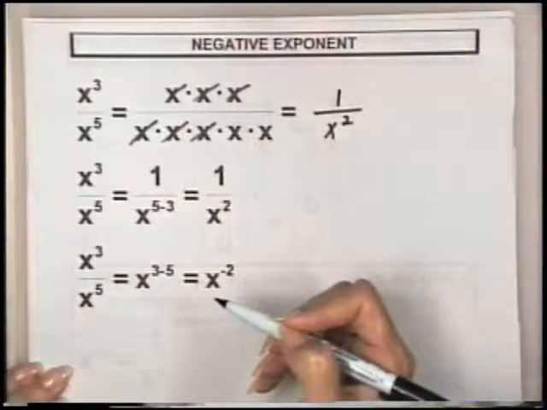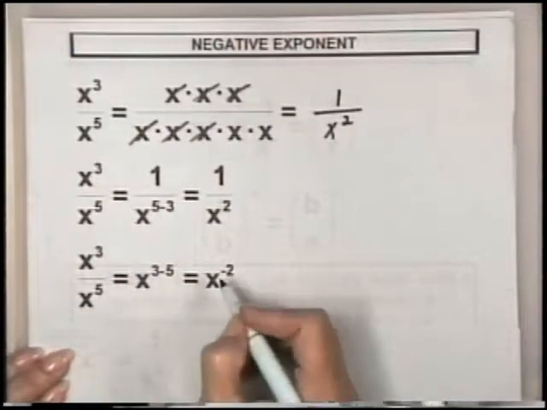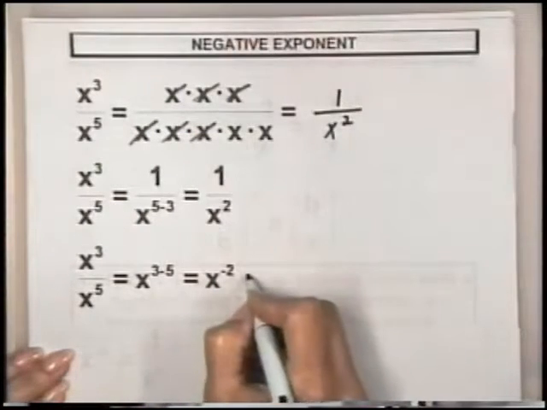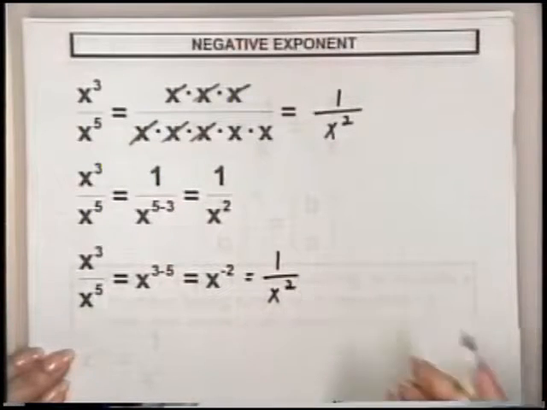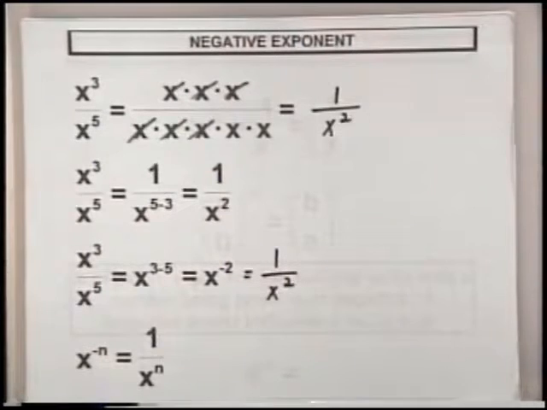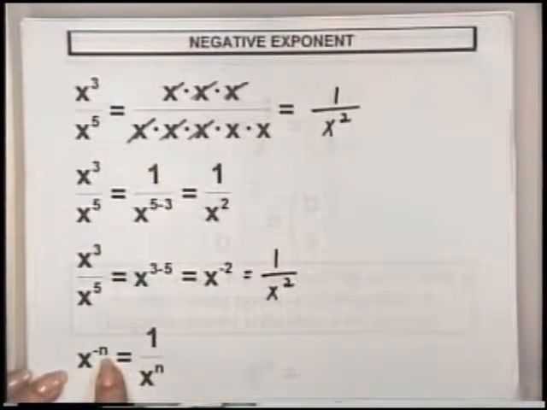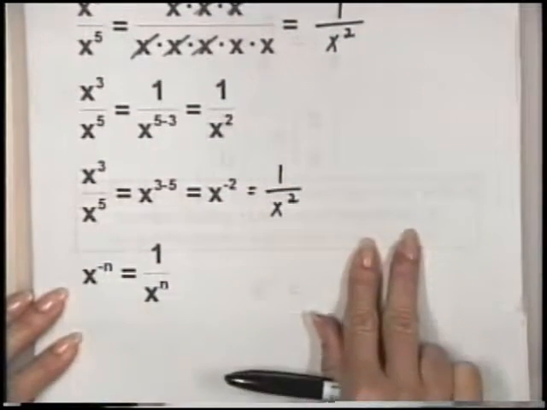Well, these are all 3 the same problem, so they all 3 have to have the same answer. So x to the negative 2nd must be equal to 1 over x squared.